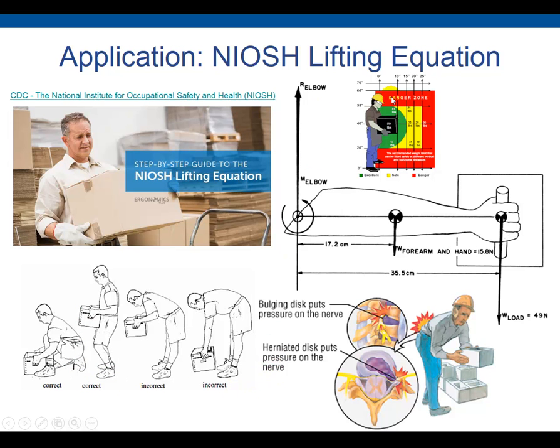Once we know the weight of the box, we can calculate how much moment or torque will be exerted on the joint locations of the human body. We can solve that problem using equations. The purpose of this lifting equation is to understand how much load can be exerted on certain joint locations, so as to minimize musculoskeletal disorders.